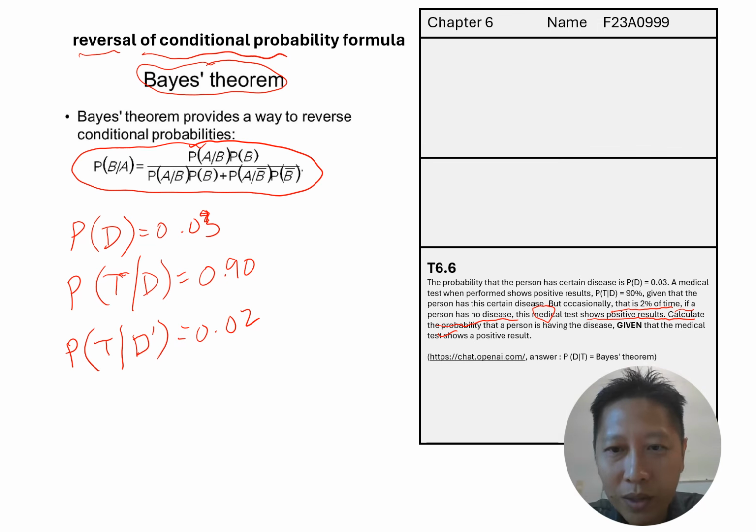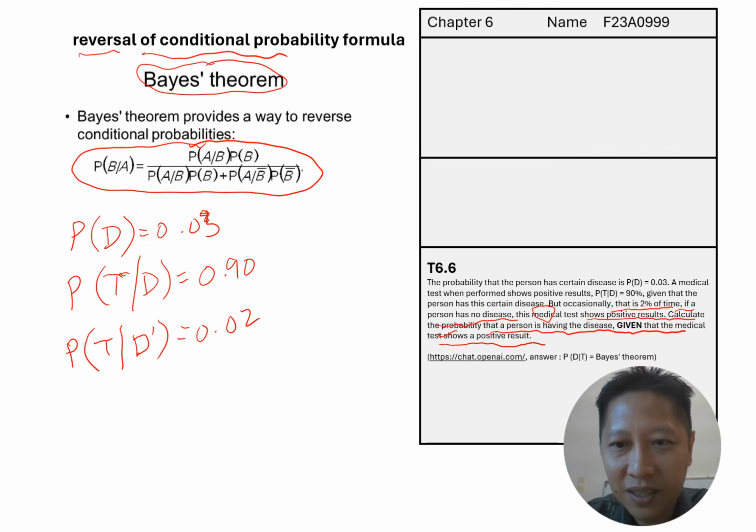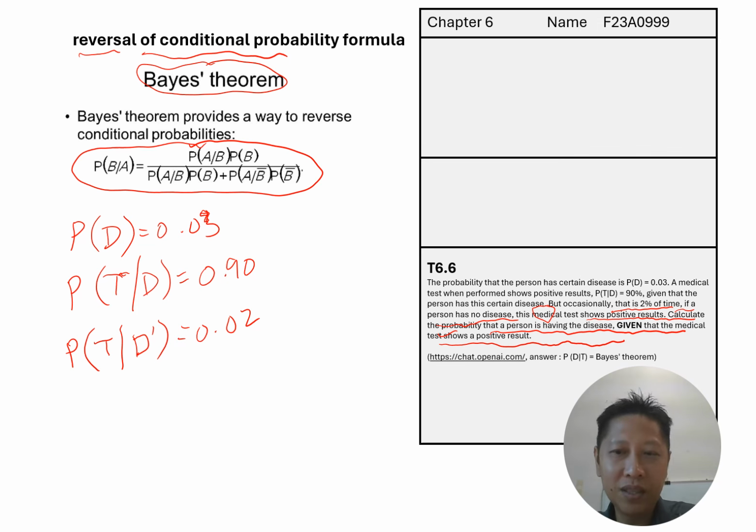Now, we want to calculate the probability that a person has the disease given that the medical test shows a positive result. So this sounds like the reverse of this one.